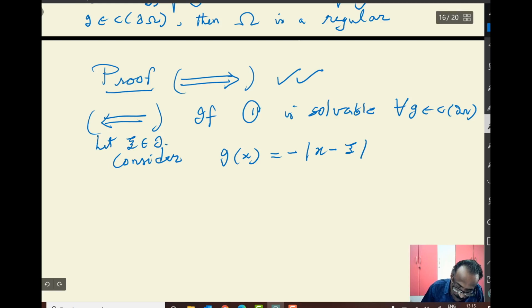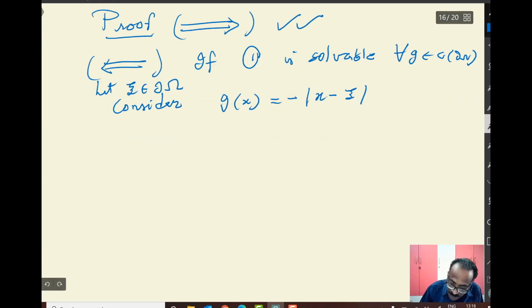You want to show that omega is regular, so you want to show that every point psi in d omega is a regular point. So start with psi in d omega, consider this function. You see, for x in d omega, g psi equal to 0. And then G is a continuous function. Once it's a continuous function, by assumption, 1 is solvable.